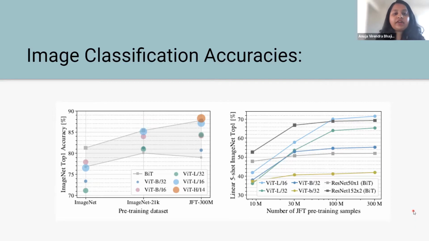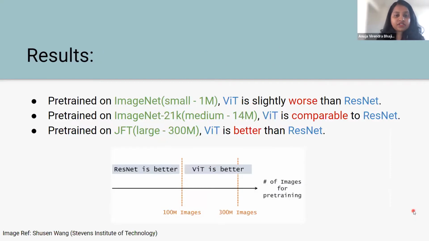So to conclude all our findings, it is safe to say that vision transformers trained on the ImageNet dataset with 1 million images perform slightly worse than the state-of-the-art ResNet models, whereas ImageNet-21k with 14 million images achieves comparable performance to the ResNets. And vision transformers, when trained on huge datasets like JFT with 300 million images, perform better than the ResNet models.